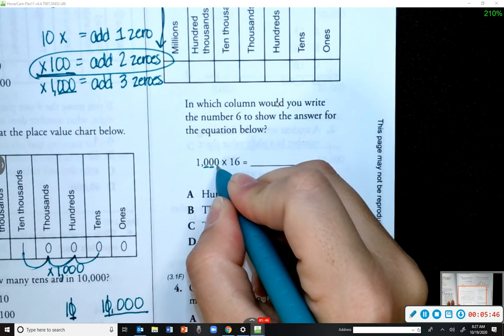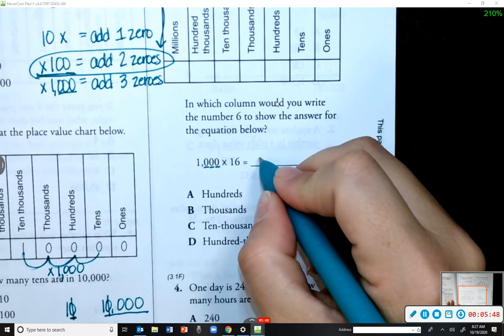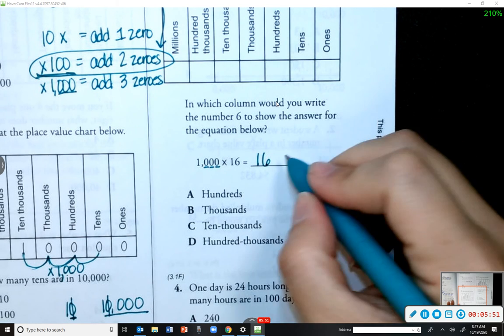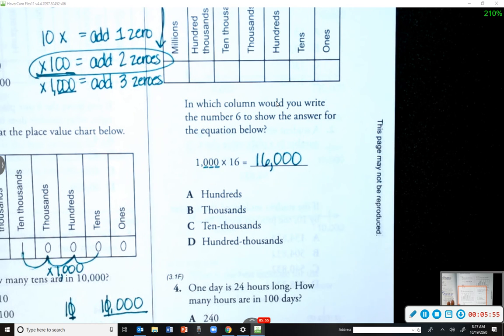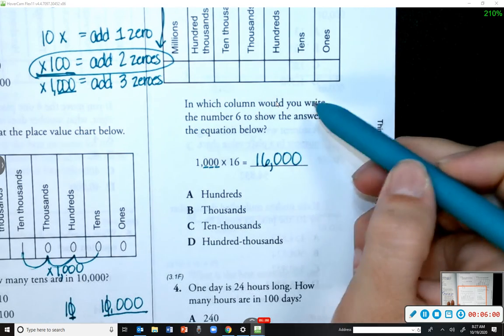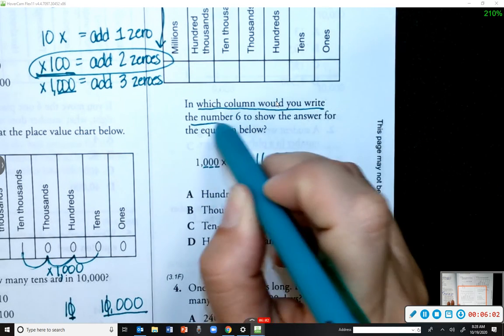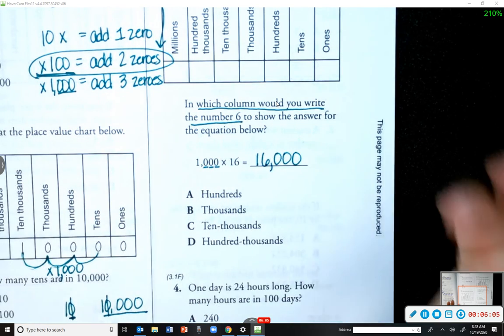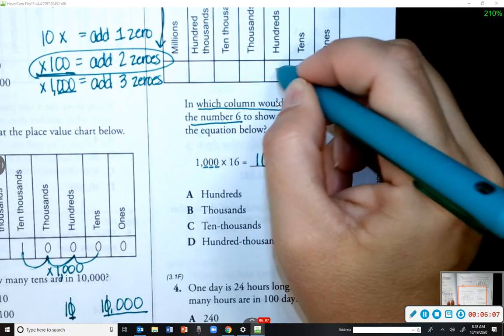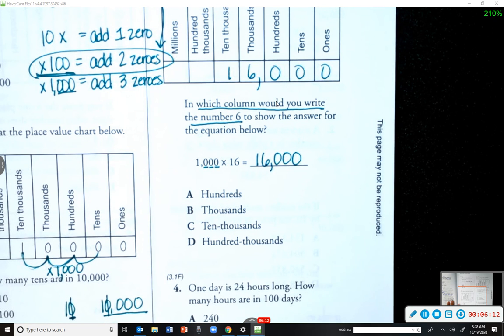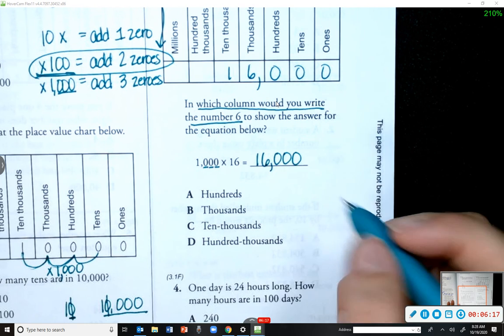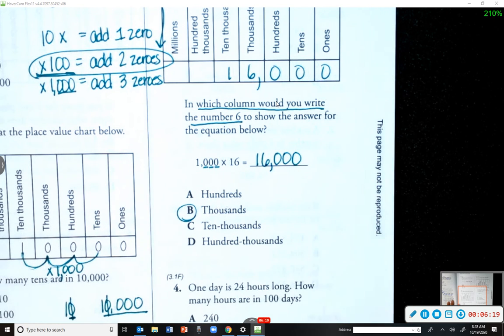There's 1, 2, 3 zeros. So I need to put 16 down plus 3 more zeros. Okay? Now the question's asking us, which column would you write the number 6 in? So if I put this number in our place value chart, the 6 ends up in what place? Thousands place. So B is correct.